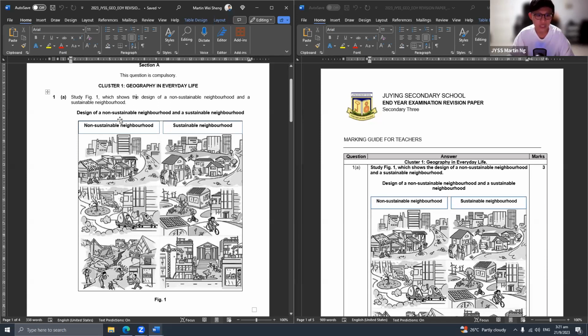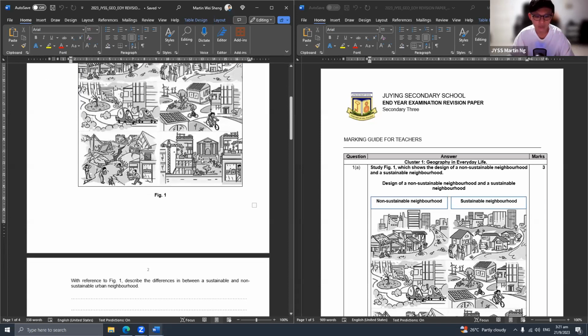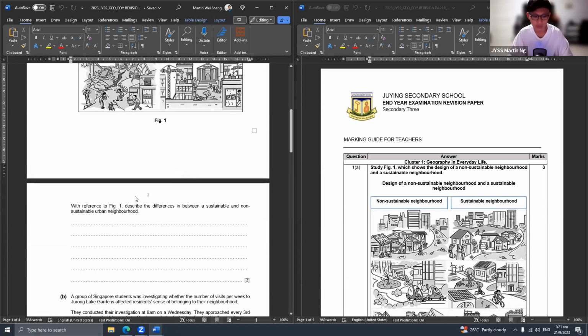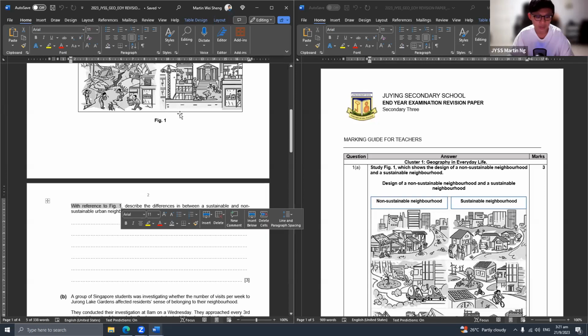In this case, we have a design of a non-sustainable neighborhood and a sustainable neighborhood. On your left would be the non-sustainable neighborhood, while the right is your sustainable neighborhood. Let us look at the question and see what it demands from us. With reference to figure 1, you definitely need to make use of some things in figure 1.